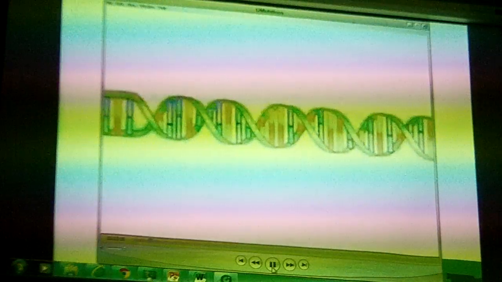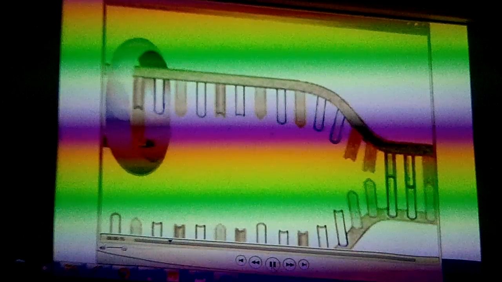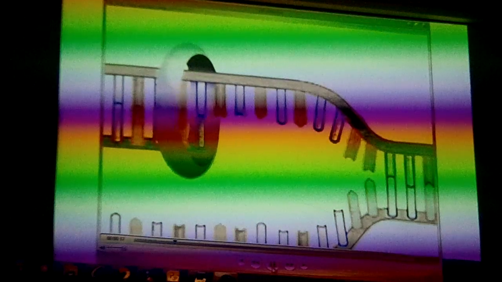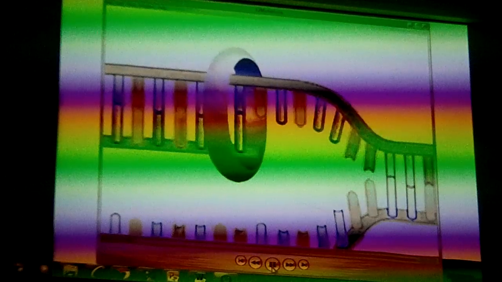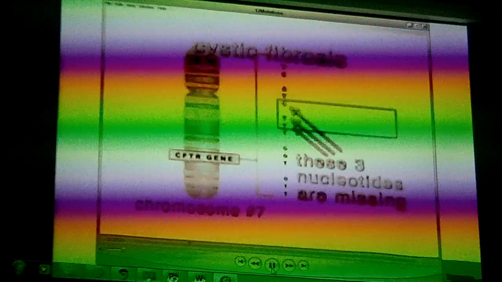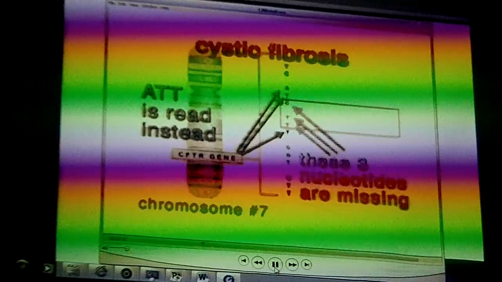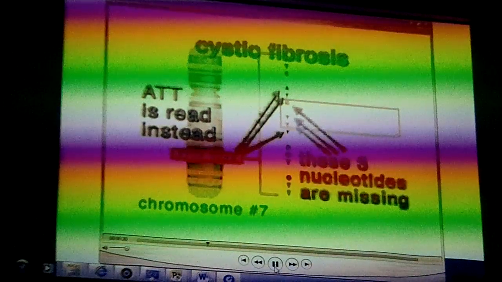In all the copying of the thousands and thousands of base pairs of nucleotides during cell division, it is possible for errors to occur. When these types of mutations occur, serious problems can result. Cystic fibrosis occurs when a certain part of the gene is incorrect and the protein misfolds.